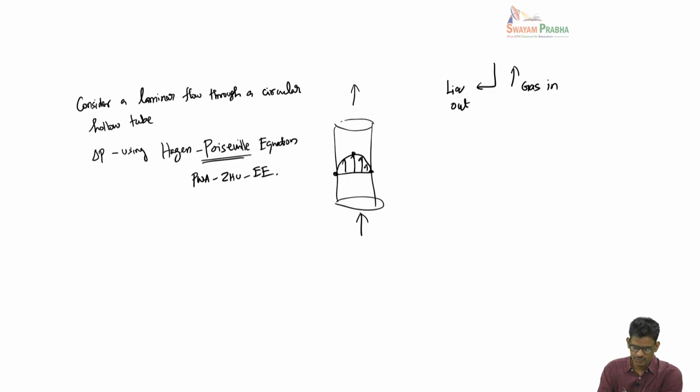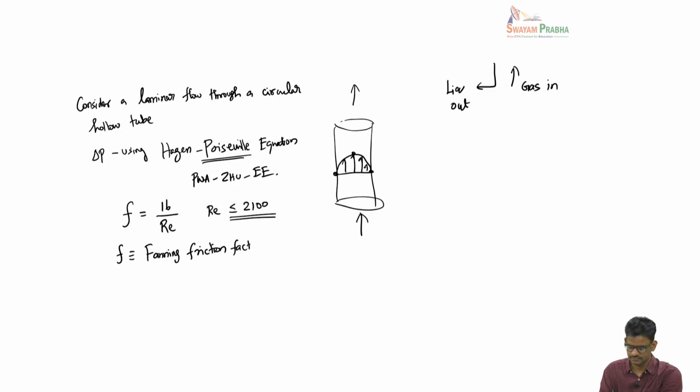In this case the pressure drop is written as f is equal to 16 by Re, where the Reynolds number has to be smaller than or equal to 2100. This f here is the Fanning friction factor, and this is defined as delta P by L, like this.